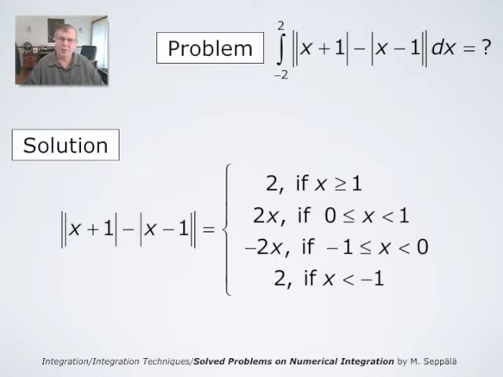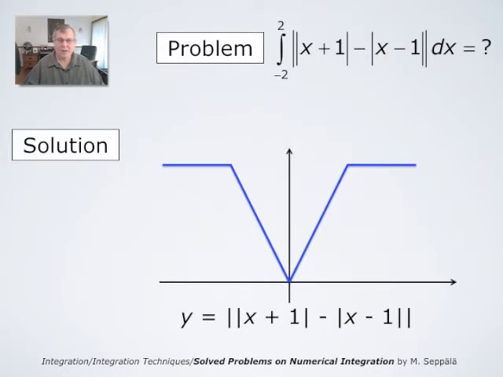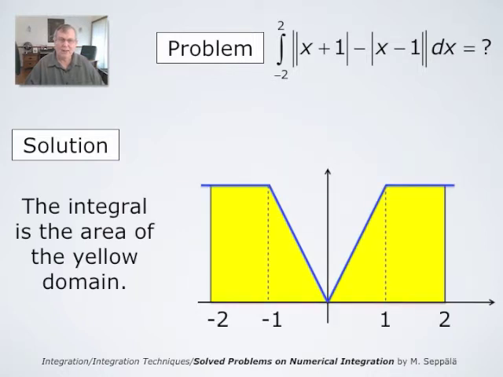The graph of this function looks like this blue V curve, and the domain whose area is given by the definite integral from -2 to 2 is the yellow domain. So the integral that we have to compute is the area of the yellow domain shown here in this picture.